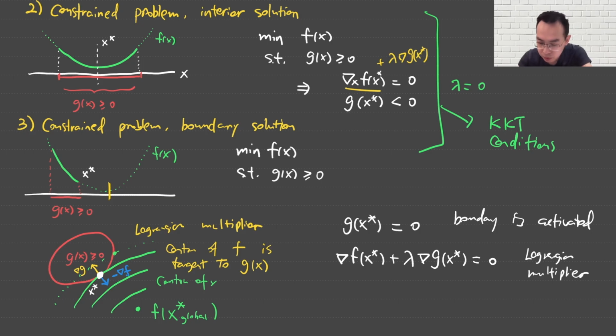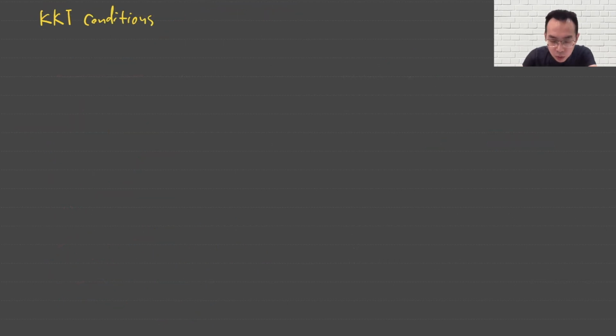Let me just start a new page to write it down. Okay, so now let's write down the KKT conditions. There are in total four conditions. The first one is complementary slackness.